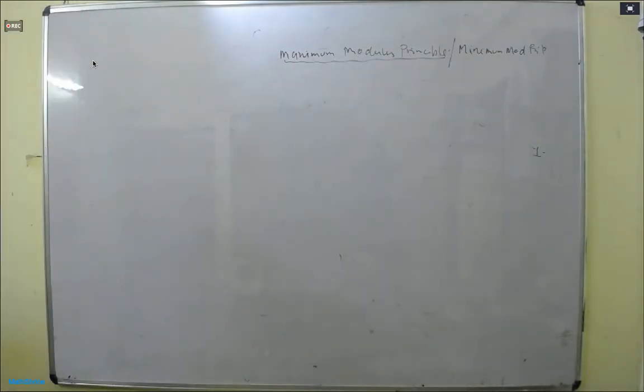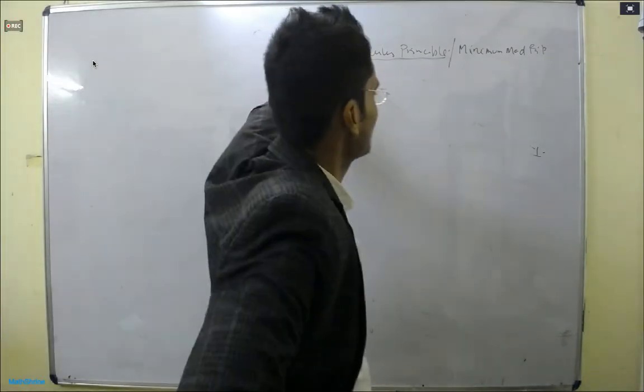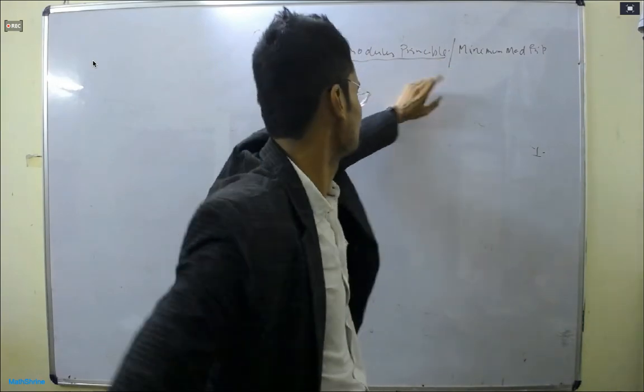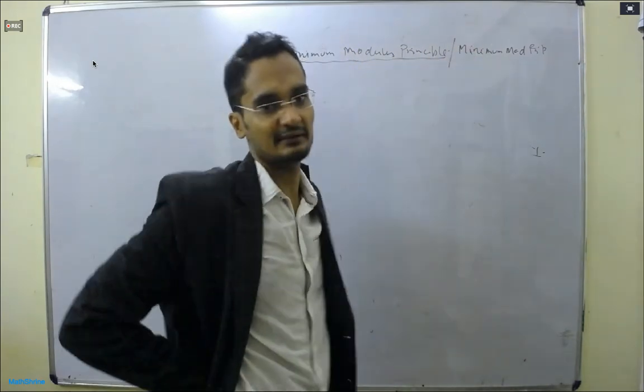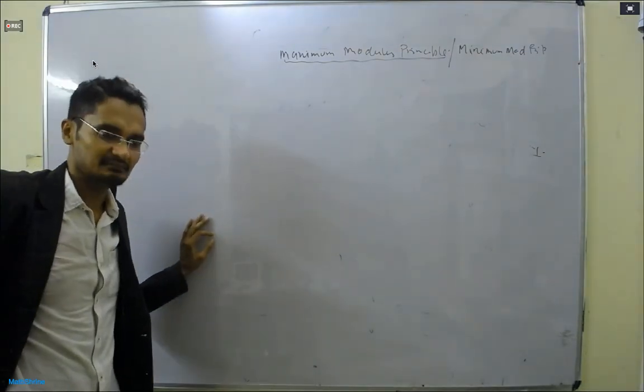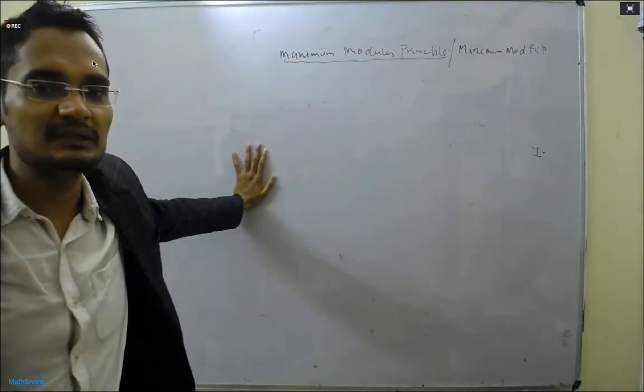So the result is, if f is again analytic on a domain D, then the answer is simple again. So tell me, is the maximum modulus principle valid on a simply connected domain or a multiply connected domain?